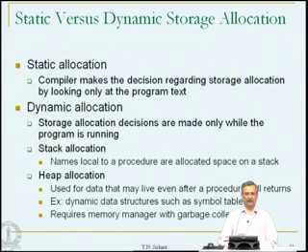There is no execution of the code, there is no decision to be made at the time of program execution. Whereas, in dynamic allocation, storage allocation decisions are made only when the program is running. So, for example, there could be some stack allocation, where names local to a procedure are allocated space on a stack. So, this happens in many languages, we will see this shortly.